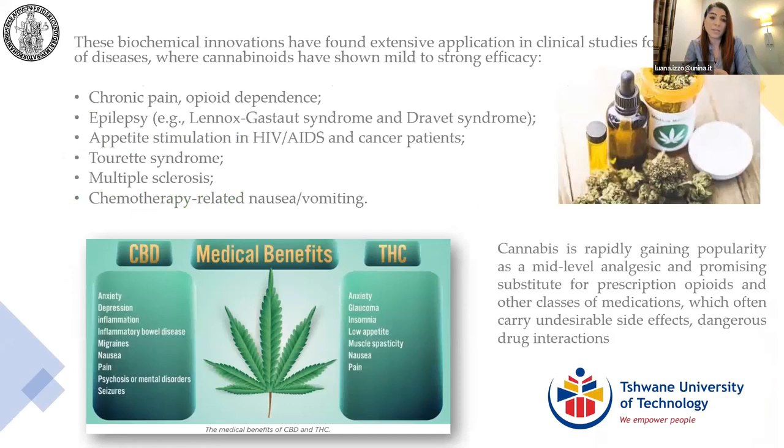But in the literature, there are a lot of studies reporting the possibility to use this oil, this preparation, for chronic pain, in several epilepsy syndromes, in appetite stimulation, in Tourette syndrome, in multiple sclerosis, and also other chronic pain.